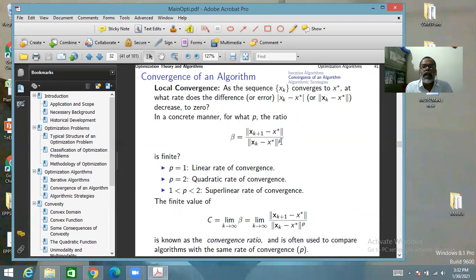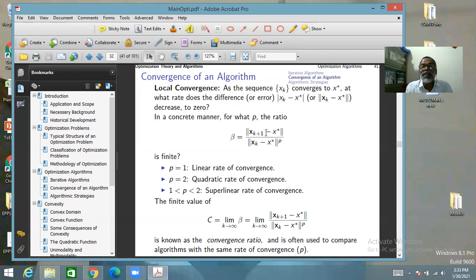So if you did not give this p, then for particularly fast algorithms, if the error in the next step becomes incomparably smaller than the error in the previous step, then the ratio would be infinitesimal, close to 0.